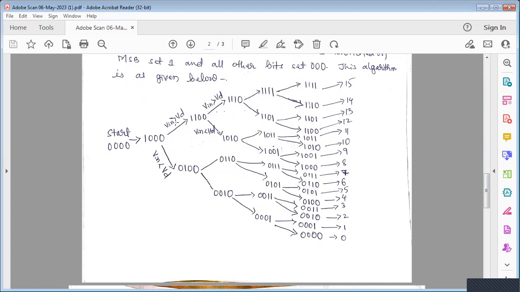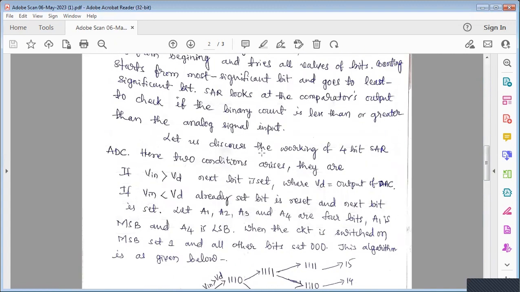If the input voltage is greater than the VDAC voltage, then condition 1 applies: if Vin is greater than Vd, the next bit is set.